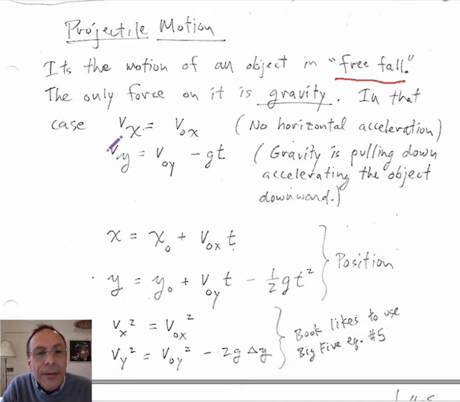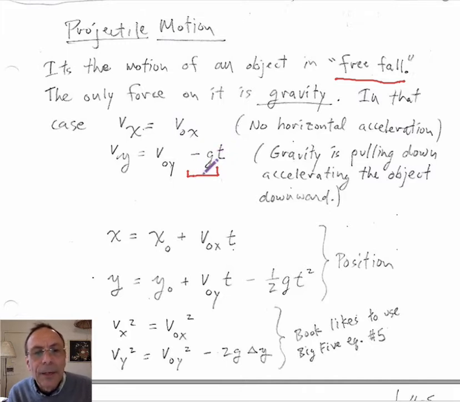On the other hand, we have an acceleration. It's minus g, the minus meaning that it's downward, and g is 9.8 meters per second squared. Although occasionally we'll make our arithmetic easier and approximate 9.8 by 10.